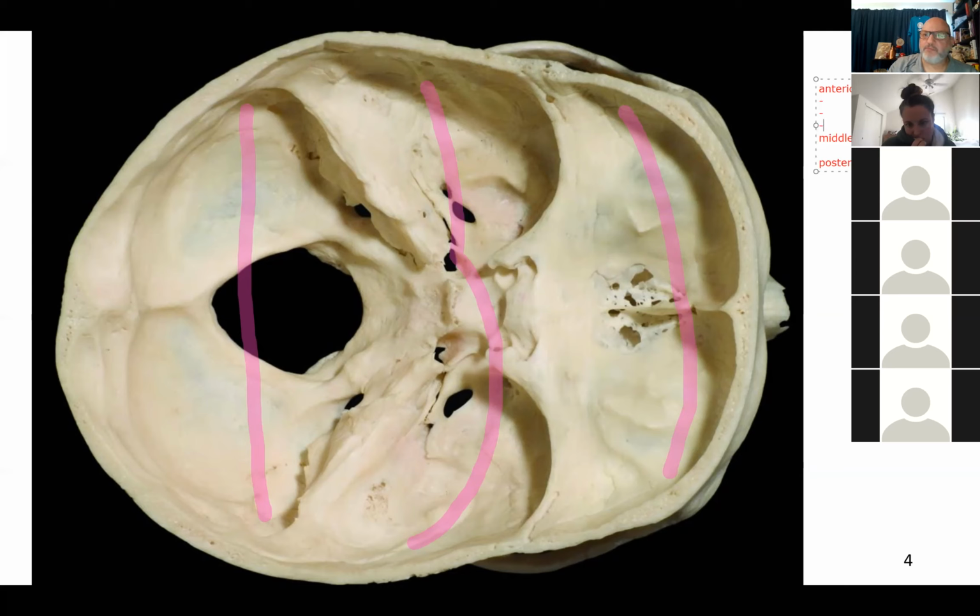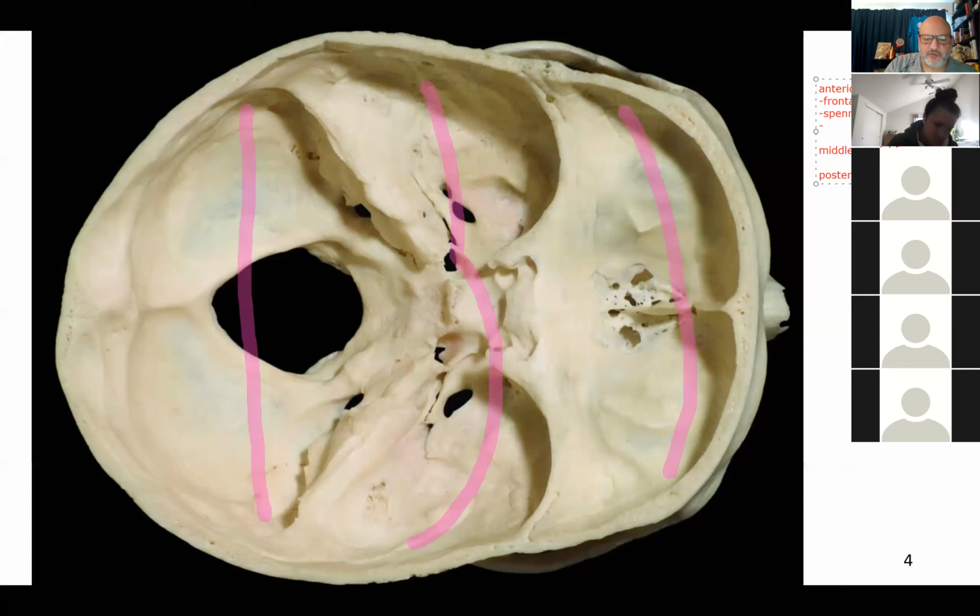What are the three bones that help to form the anterior cranial fossa? What bones do you see? Frontal. Excellent. What else? What's this one right here? Well, the sphenoid. Yep, sphenoid's going to be one of them. That's going to be the one back here.